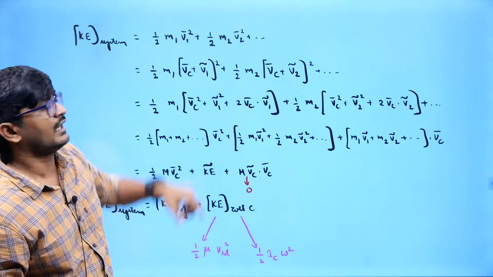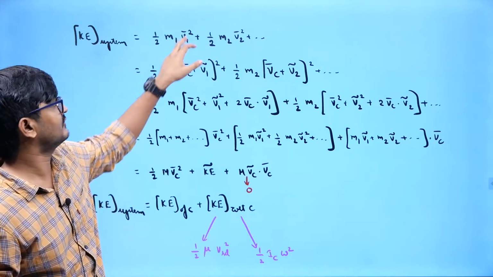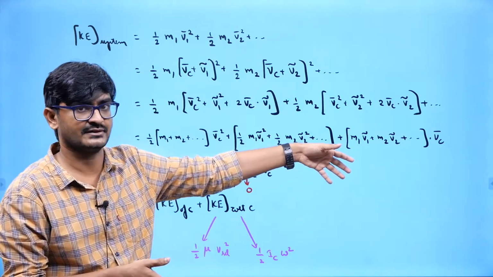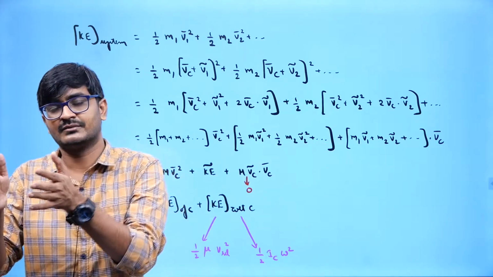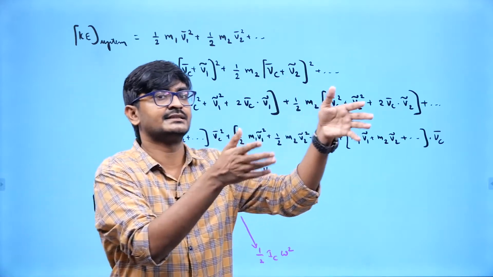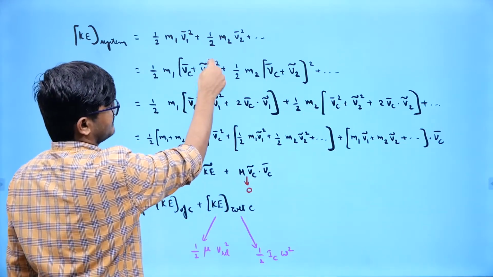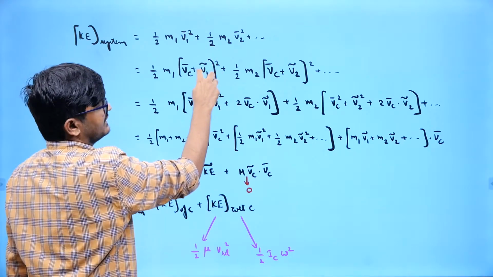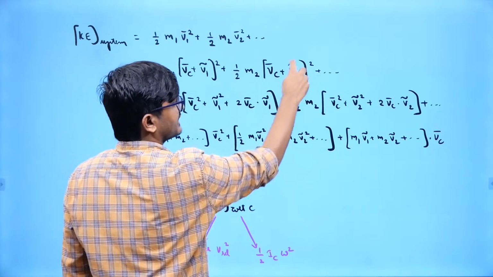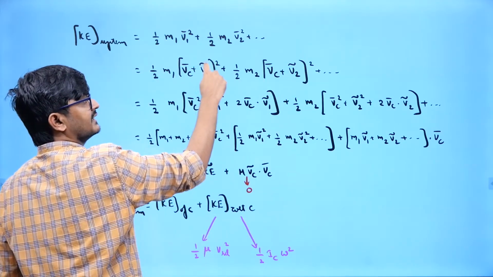Now I can write the same thing as: velocity of the particle from the ground frame is nothing but velocity of center of mass plus velocity of the particle in the center of mass frame. So the tilde represents the velocity of the particle in the center of mass frame. This is the velocity of the center of mass.